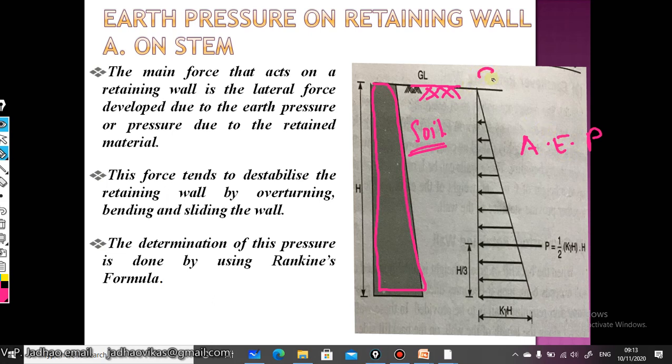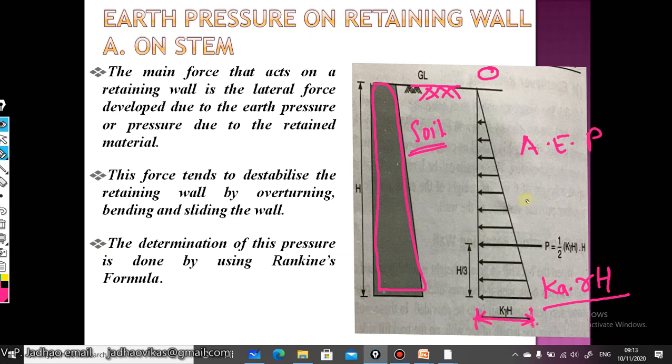The magnitude is 0 at the top, and at the base it is Ka into gamma into h, where Ka is the coefficient of active earth pressure and gamma and h have their regular meanings, where h is the total height of your retaining wall. Here the magnitude will be Ka into gamma into h.